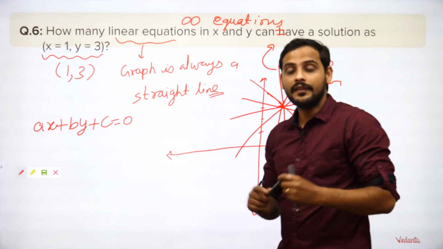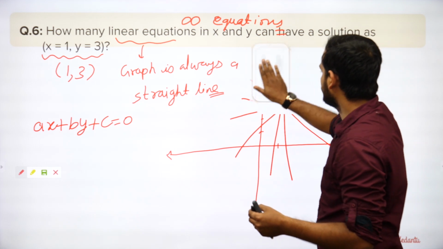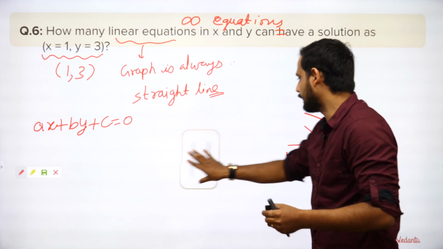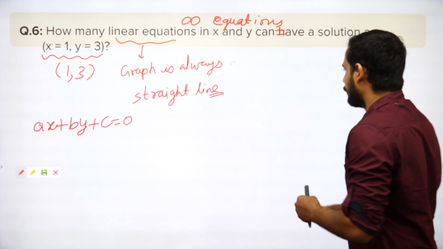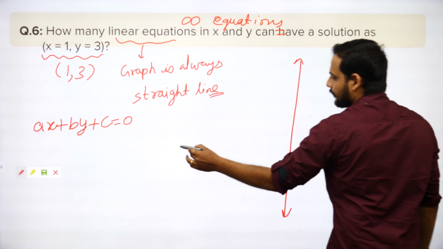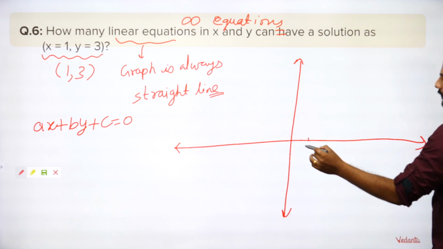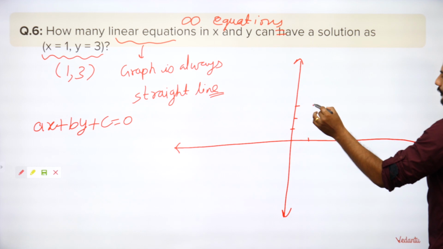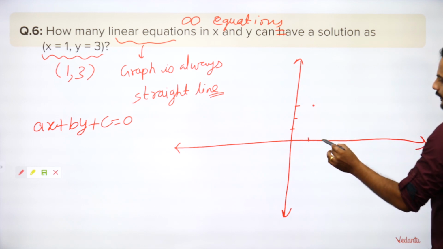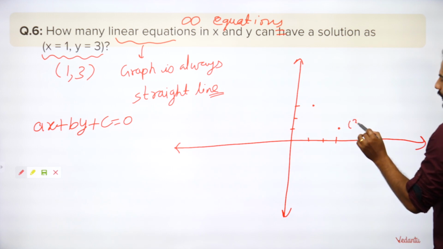Now suppose I change this question. Instead of giving you 1 point, I give you 2 points. Let us say one point is (1, 3) and the next point is (3, 1).